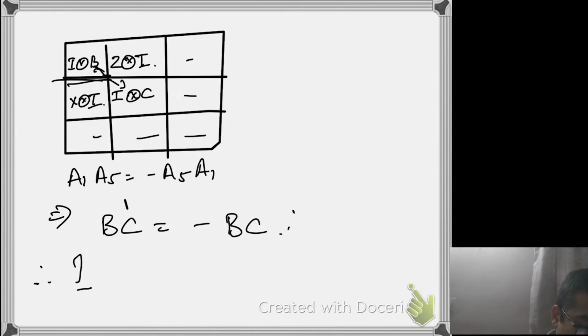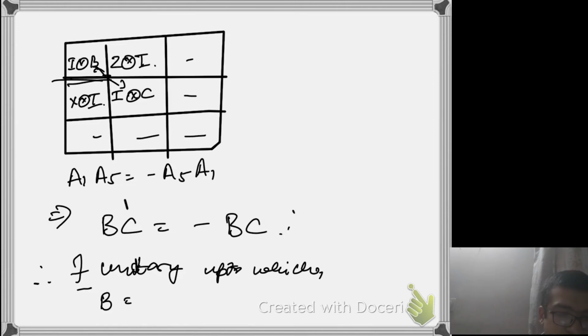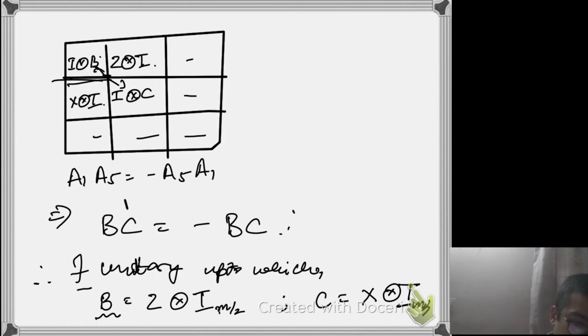Therefore, there exists a unitary up to which B equals Z tensor, and since B and C are both m dimensional, they have to be Z tensor identity on m by 2 and C has to be X tensor identity on m by 2.